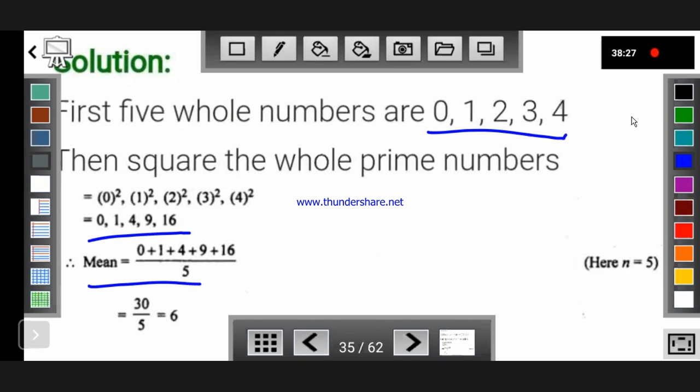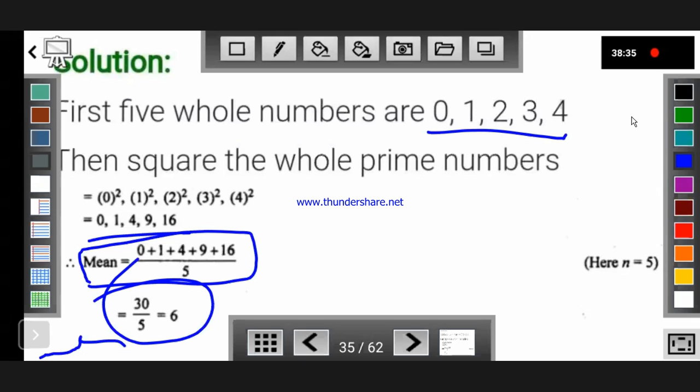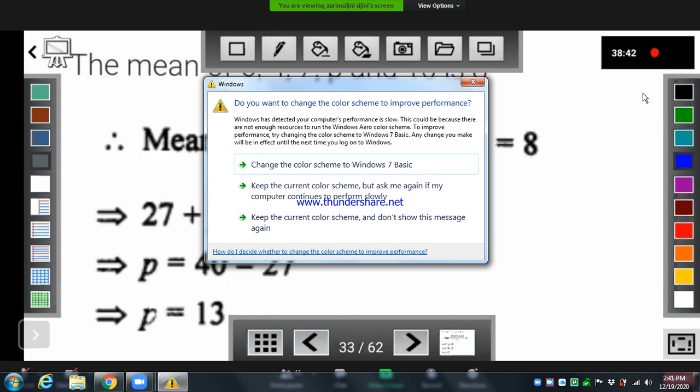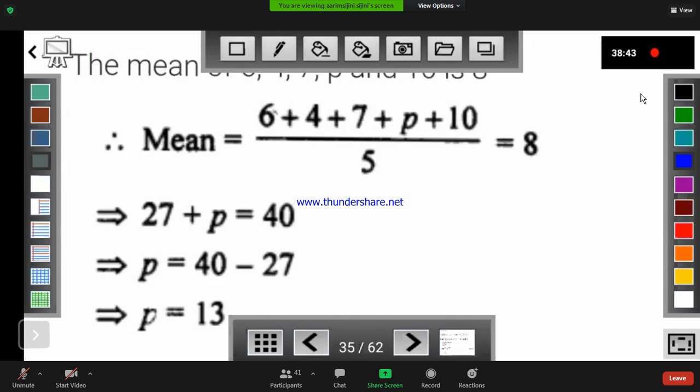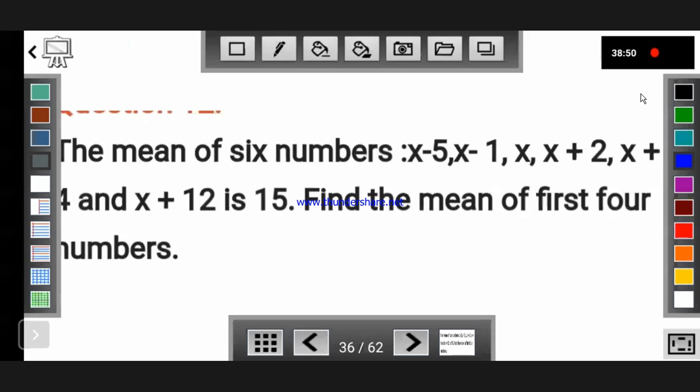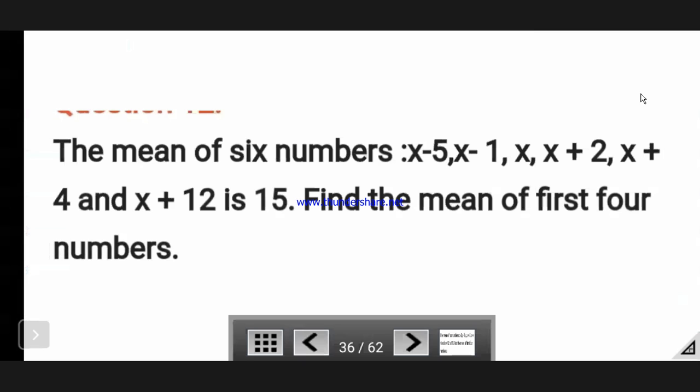In order to take mean, we add those values and divide it with 5. Since there are only 5 values, we are getting the mean as 6. Any doubts? No, ma'am. Shall we move to the next? Yes, ma'am. Try to do it by yourself.